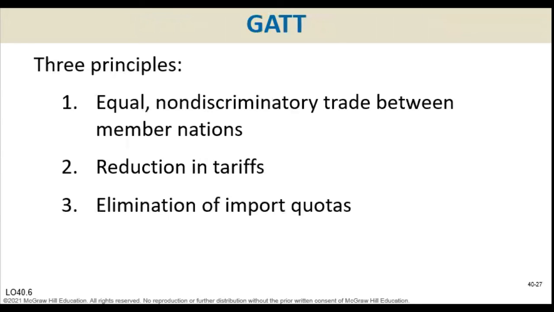The GATT was first signed in 1947 by 23 nations, including the United States. The purpose was to provide a forum for multilateral negotiation to reduce trade barriers.